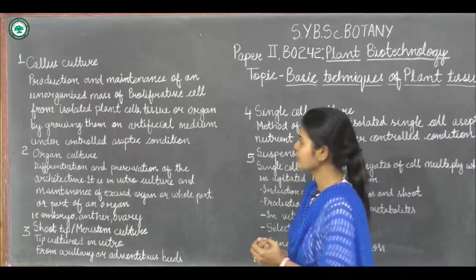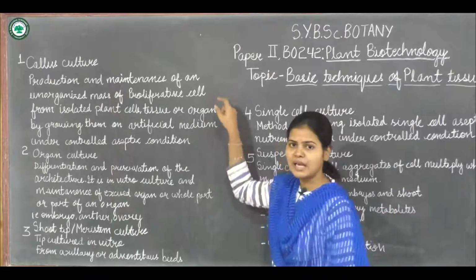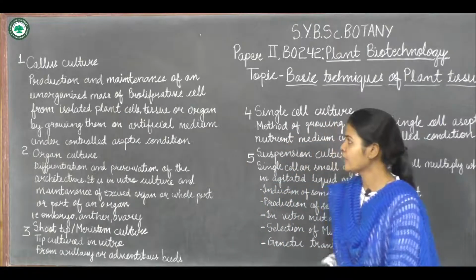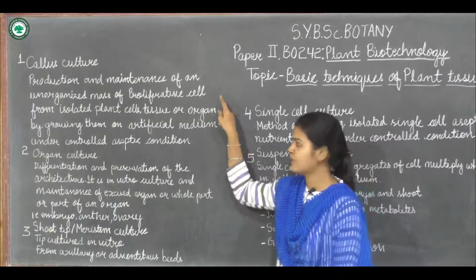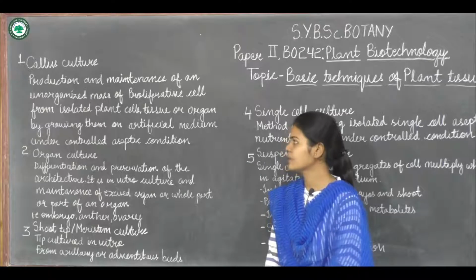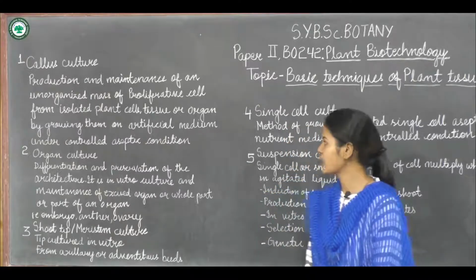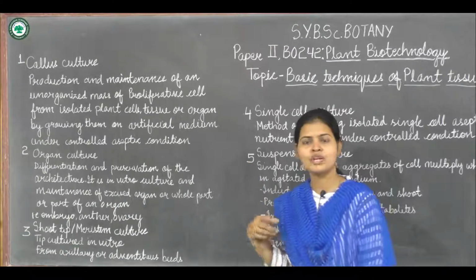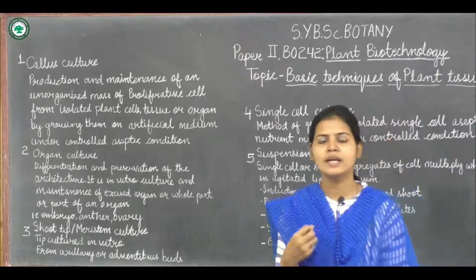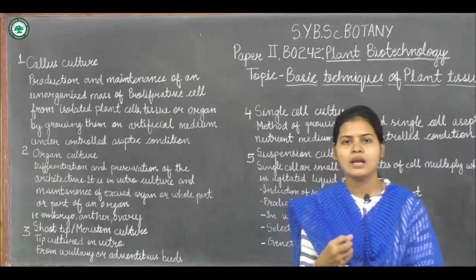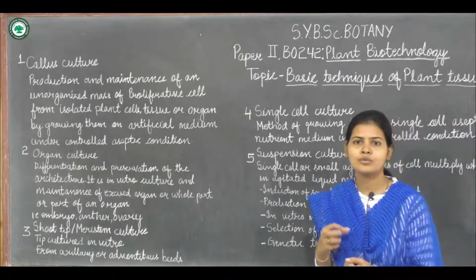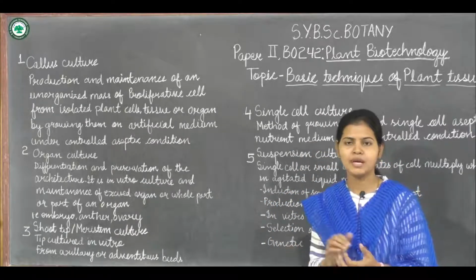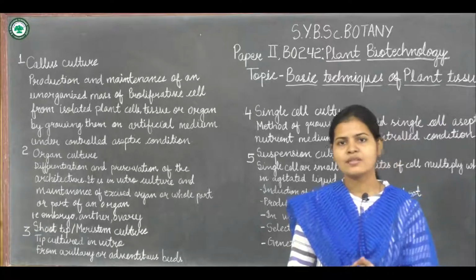And what is callus culture? It is the production and maintenance of an unorganized mass of proliferated cells from isolated plant cell, tissue or organ by growing them on an artificial medium under controlled aseptic conditions. So in callus culture, we take a plant cell and allow it to grow on a nutrient medium, and aseptic conditions are also required.